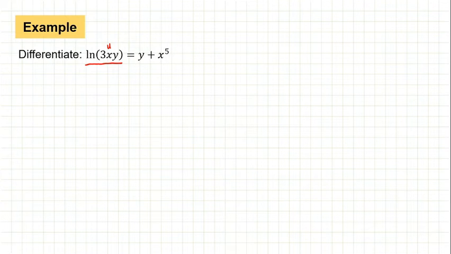Okay? So as the formula states earlier, the derivative of ln of u is equal to 1 over u du over dx. Always remember this one. So in this case, our u is 3xy.